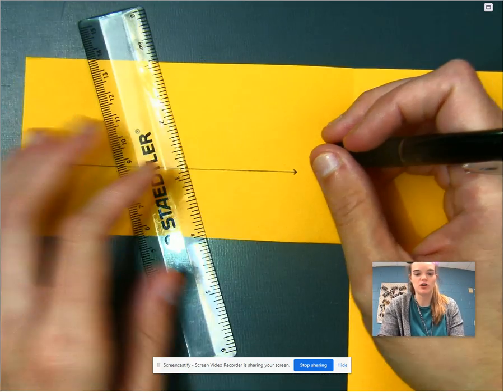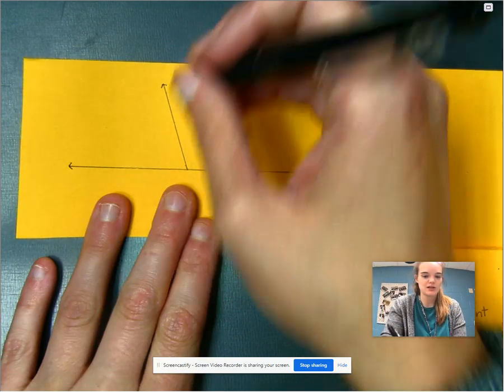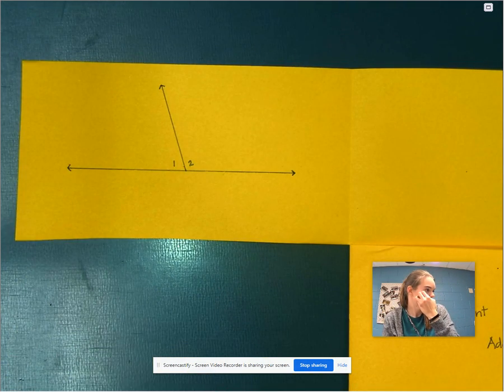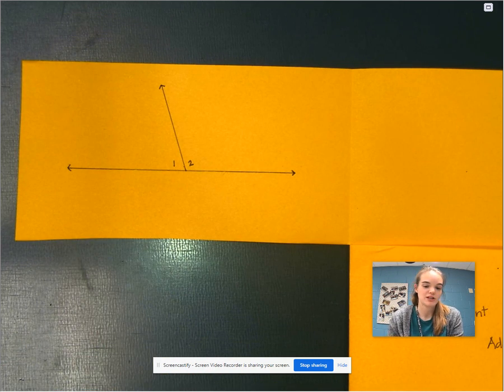And I would like you to draw another ray coming out of that line. And I'm going to label this angle 1 and angle 2. Linear pair theorem says, because we got a straight line here, if 2 angles form a linear pair, and 1 and 2 right here are a linear pair, then they are supplementary.